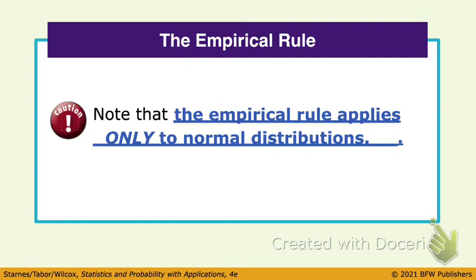If you have a uniform distribution, like a box, don't try to use the empirical rule. It's not going to work. Your percentages won't be the same. If you have a skewed distribution, this won't work. Got to use something different.